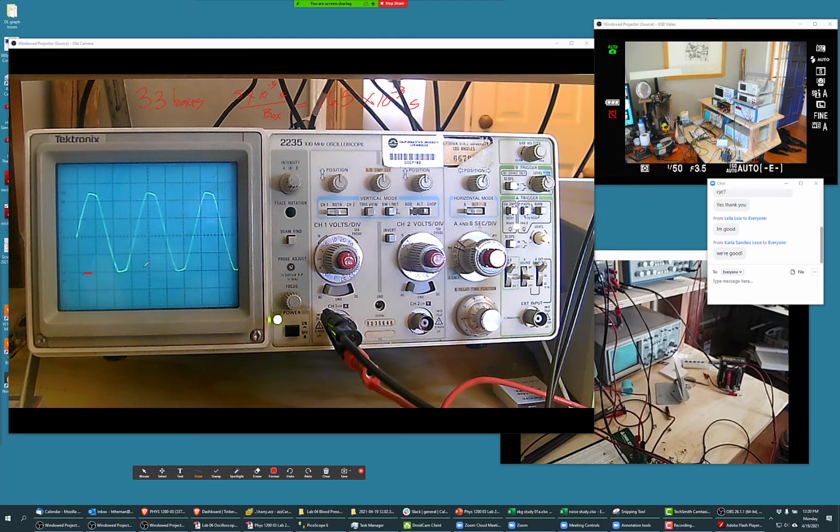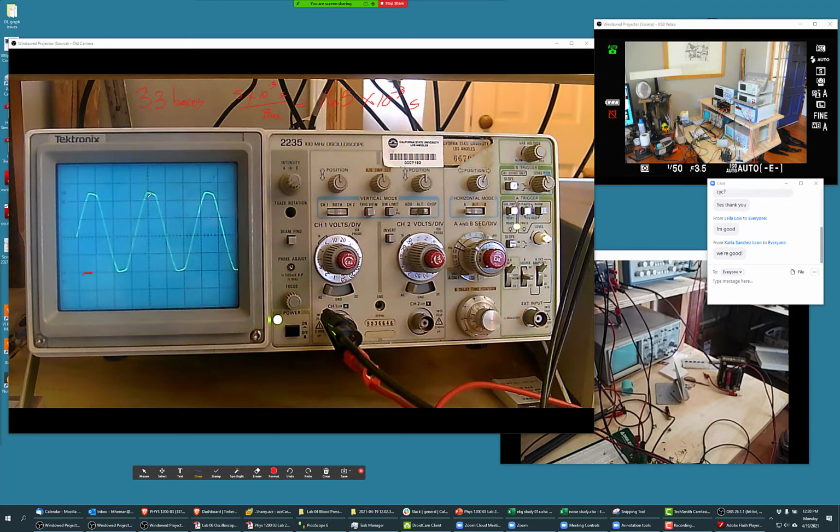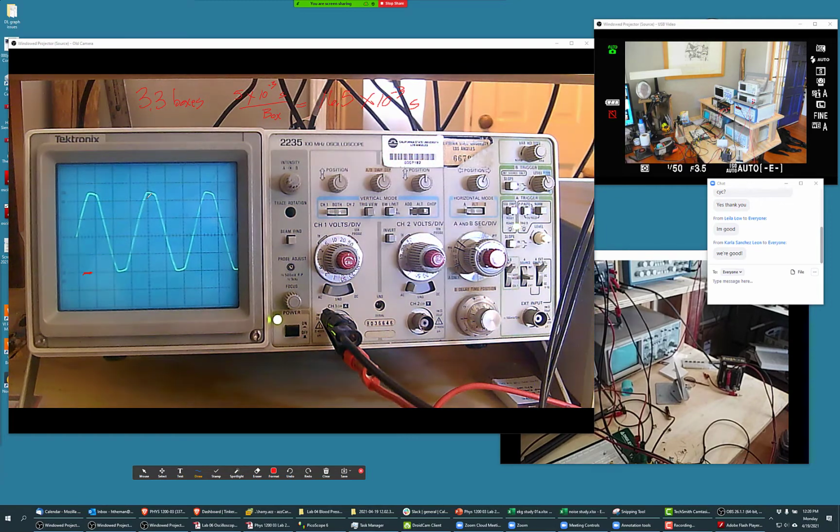So we've got 1, 2, 3, 4, 0.2, 0.4. Looks like 2, 4. I gotta look at the screen with my own eyes. Yeah, it's just above 4.4.